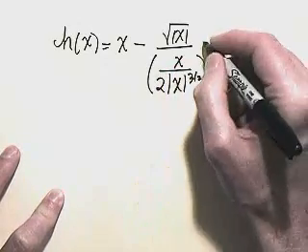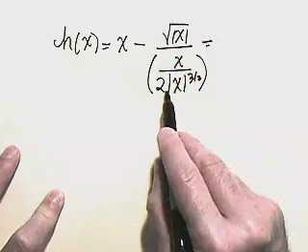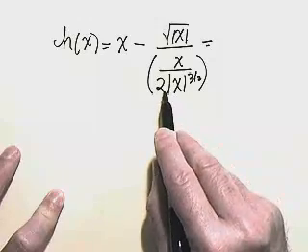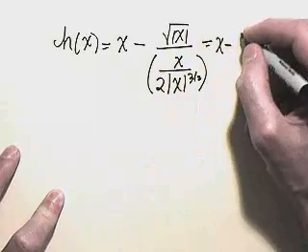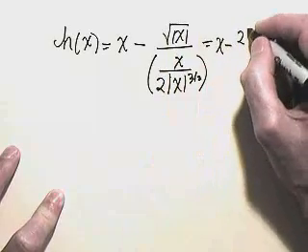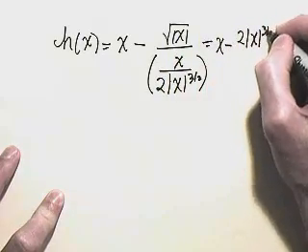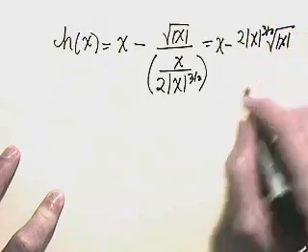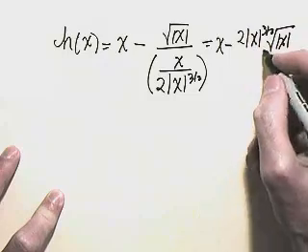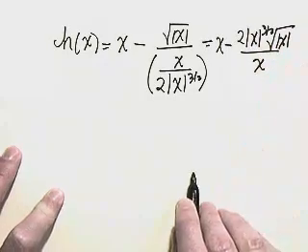Now notice we have something in the denominator of the denominator, so it comes up top. This is the same as x minus 2 absolute x to the 3/2 multiplied by the square root of absolute value of x all over x.